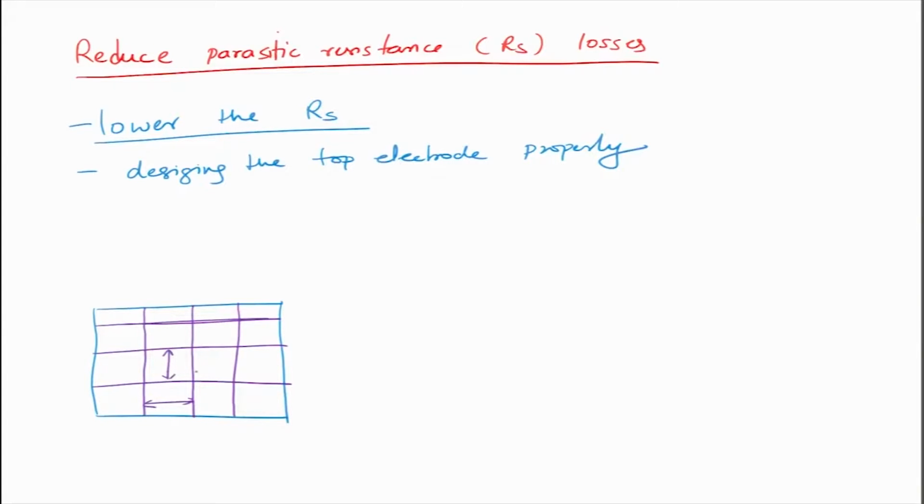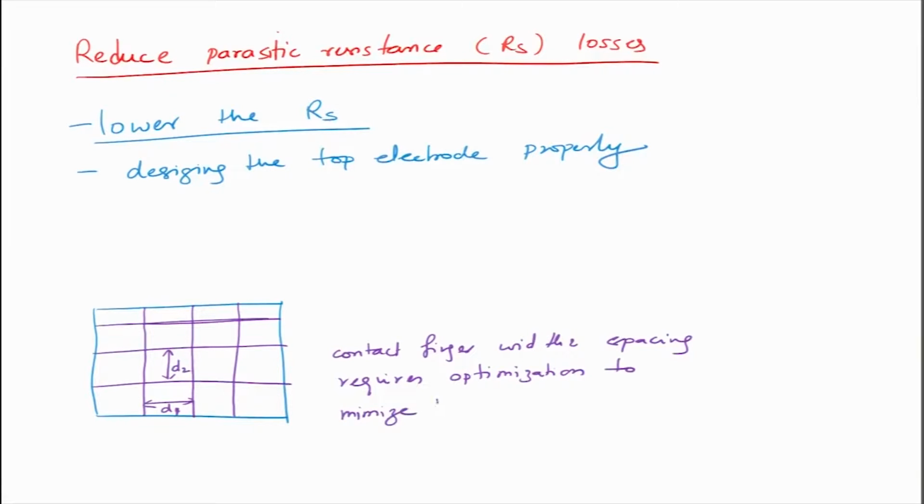So you can say this is D1, D2. So, these contact finger width and spacing requires optimization to minimize the series resistance.